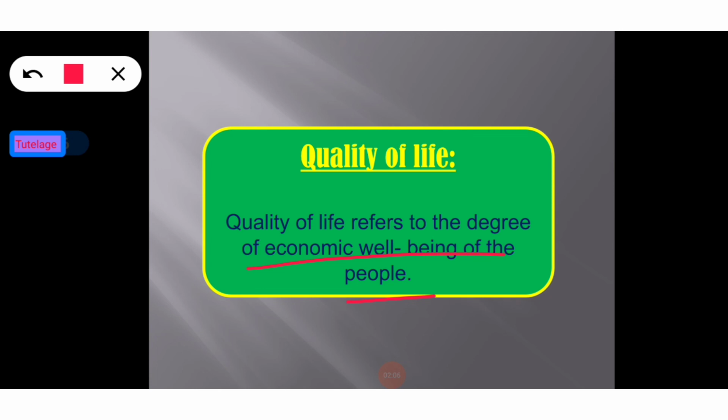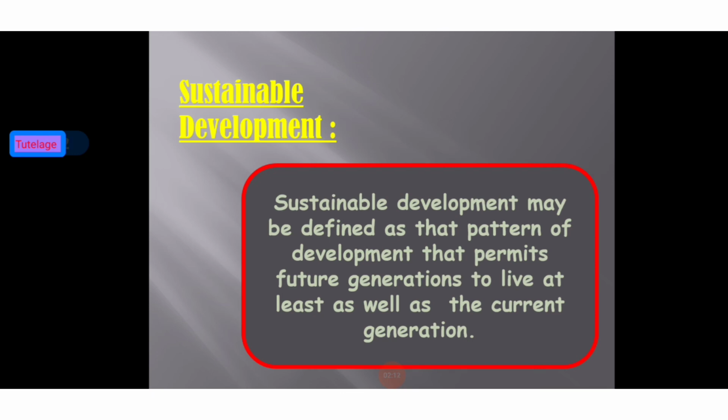So now move on to the next concept, that is sustainable development. This is the definition of sustainable development. The concept of sustainable development was introduced by the World Commission on Environment and Development in 1987.